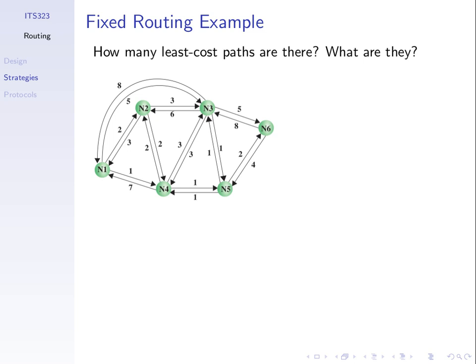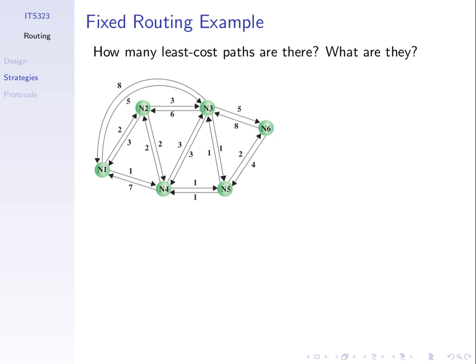What's the least cost path from node 6 to node 2? Node 6 to node 2? Don't look at your picture, look at what I just wrote on the board.